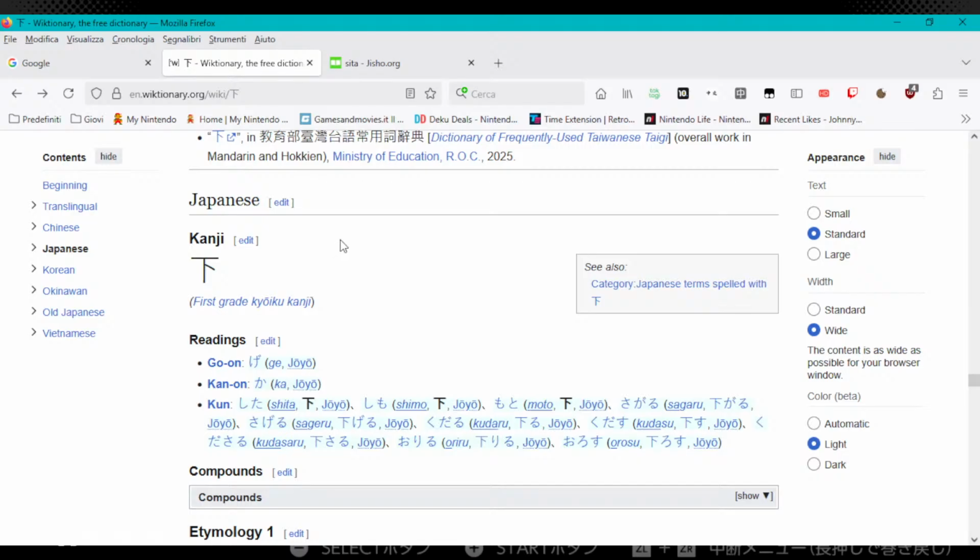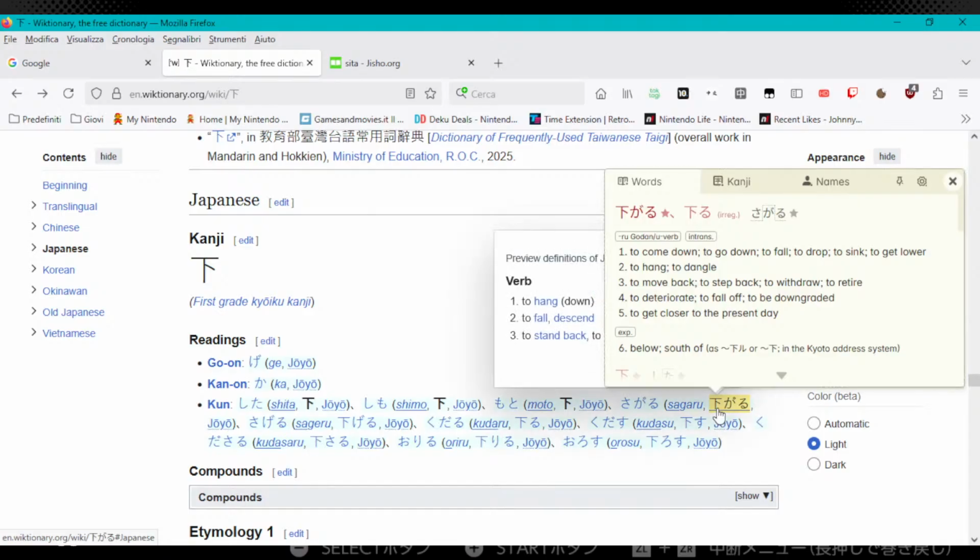Then there's also shimo in certain compounds, but never mind it for now. Then we have some verbs. Sagaru, accented on the second to last one, because it's a verb.